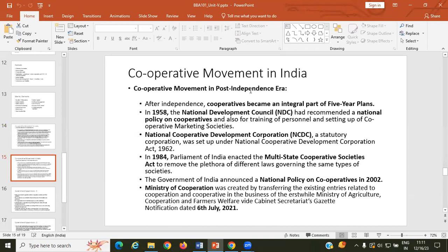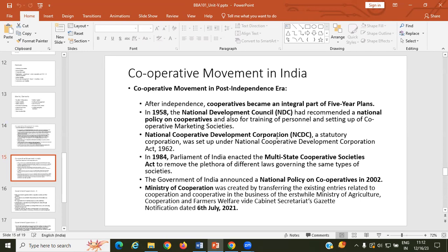If you see post-independence, that means after 1947, what happened? What is the government doing, how is the government thinking? A new ministry came in 2021, the last point mentioned. Before that, in 2002, the National Policy on Cooperatives came. In 1984, the Cooperative Society Act.